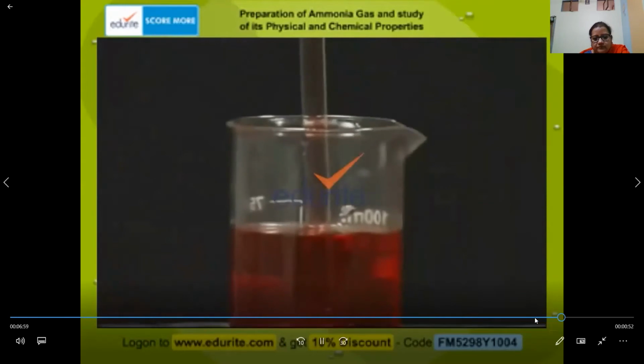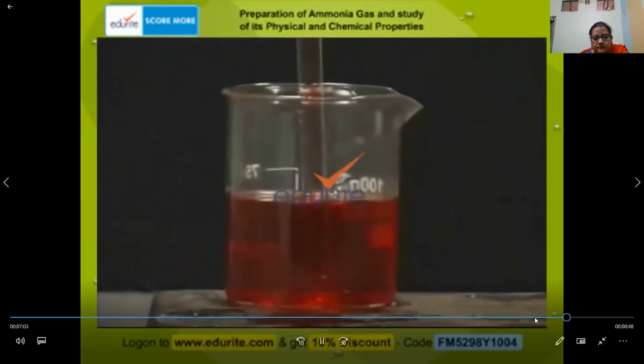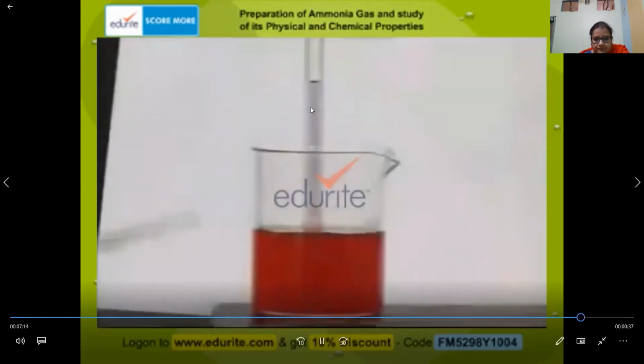Slowly, as ammonia is coming down, it's dissolving in the litmus solution. Ammonia is highly miscible in water and the red litmus is turning blue. The high solubility of ammonia gas has been shown by this experiment.